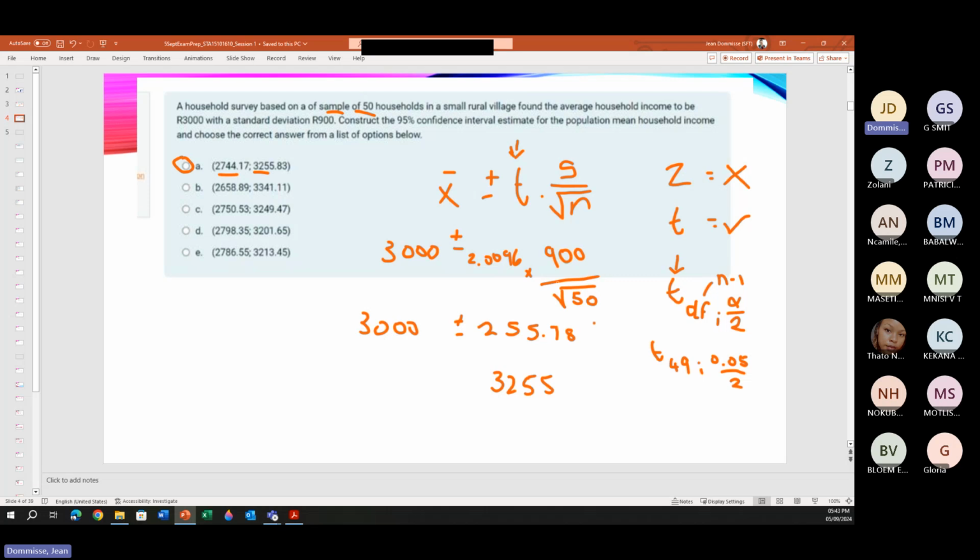I think if you set 900 divided by square root of 50, which is 7.0071, and you multiply that by 2. No, I made a mistake. So 900 divided by the square root of 50.